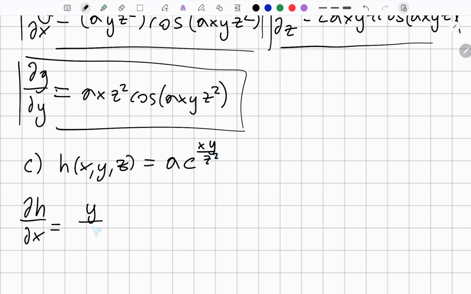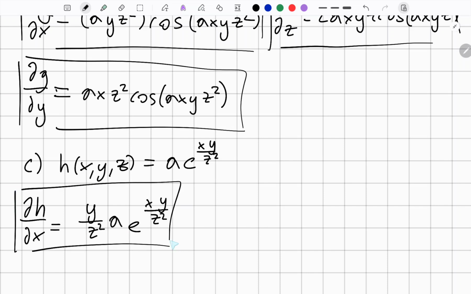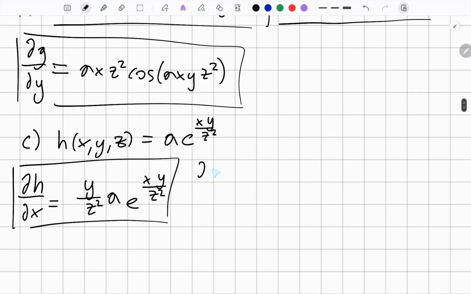With respect to x is pretty easy. Just get y over z squared times a times e to the xy over z squared. Just our normal chain rule being applied. We're just treating everything else as constants.